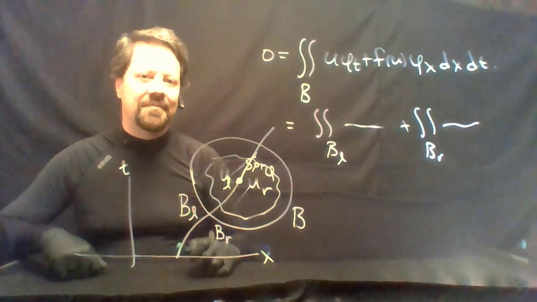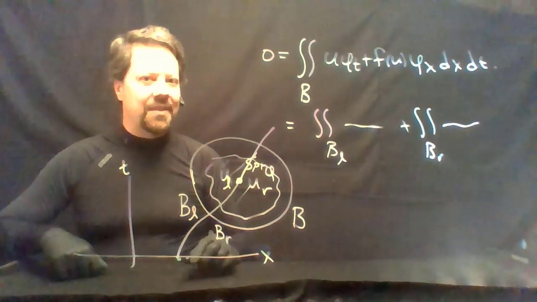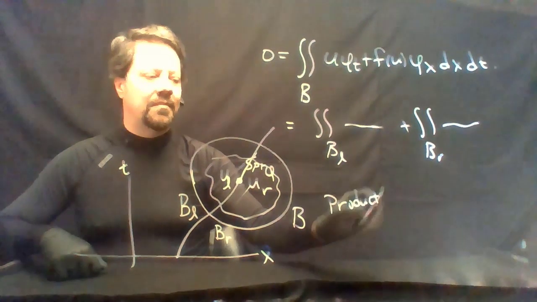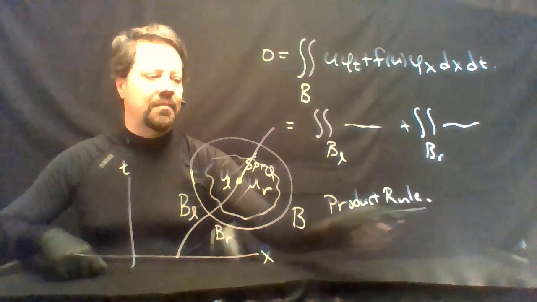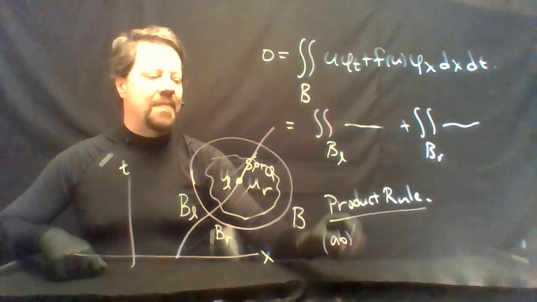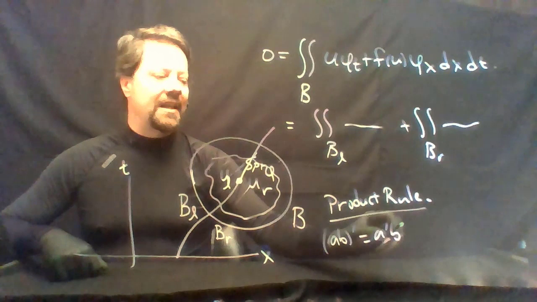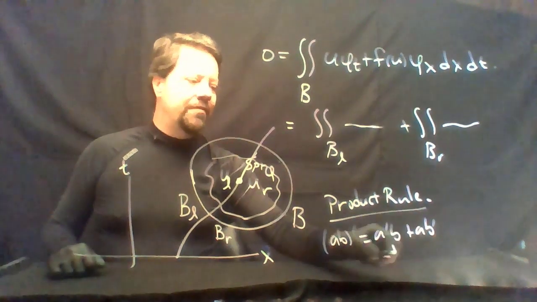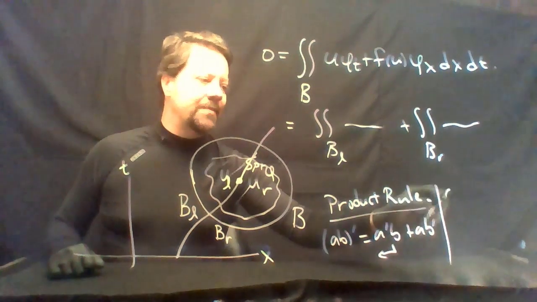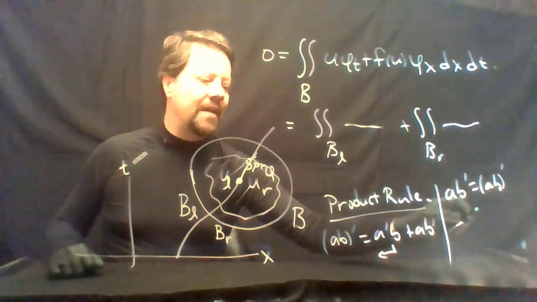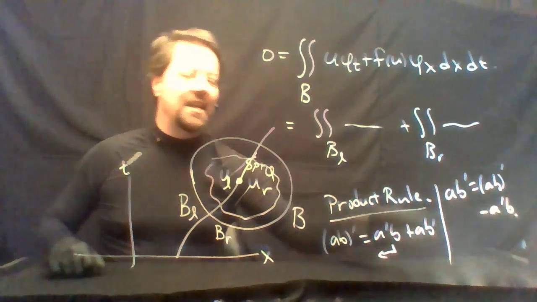I want you to consider something about the product rule. The product rule says if I have (AB)', I get A'B plus AB'. If I move one term over, that tells me that AB' is the quantity (AB)' minus A'B.